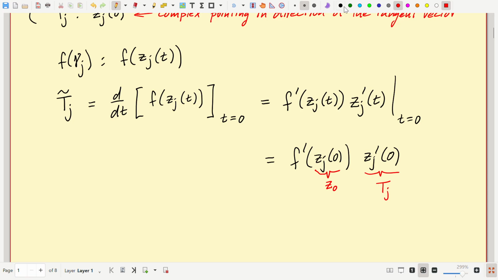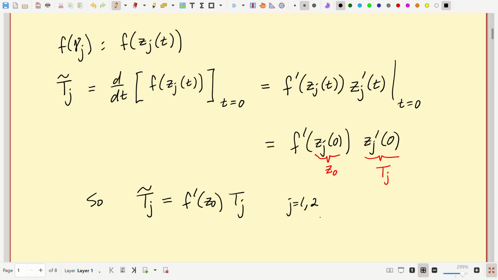So what I get here is that my new direction, tangent vector, is equal to f prime, a complex number, at z naught times tj for j equal 1 and 2.